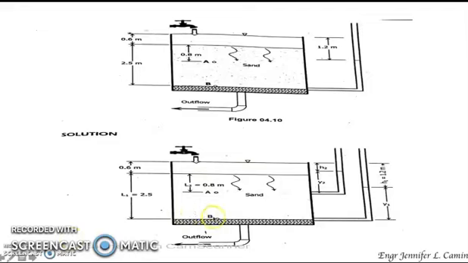For the pore water pressure at point B, that will be 0.6 plus 2.5, since it is connected to the standpipe, minus small h1, which is 1.2, times the unit weight of the water, 9.81.